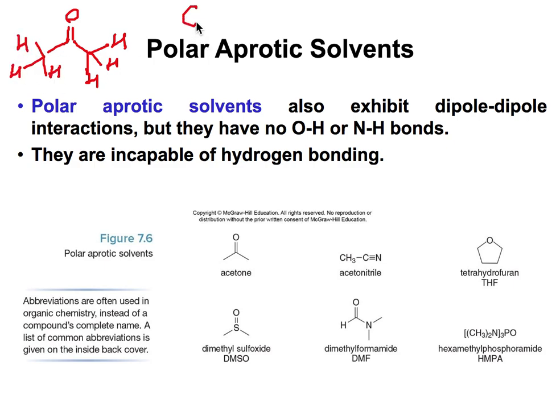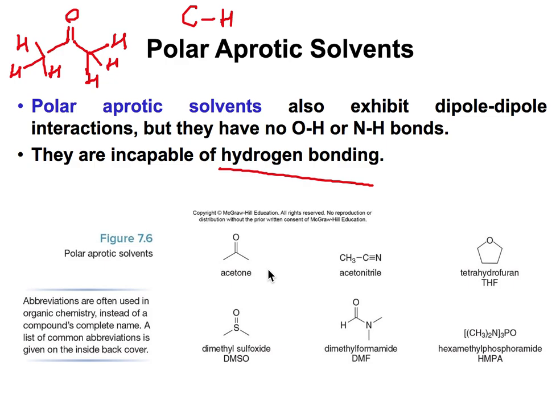And remember that a CH bond is hard to break because if it breaks, then the carbon will end up with a negative charge, and that's not something that the carbon is comfortable with. So it's really hard to break this CH bond, and therefore these solvents right here are not able to do hydrogen bonding.